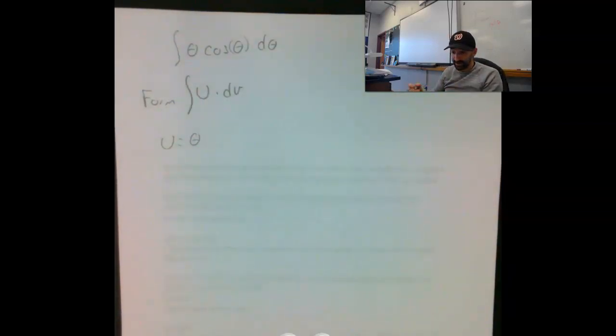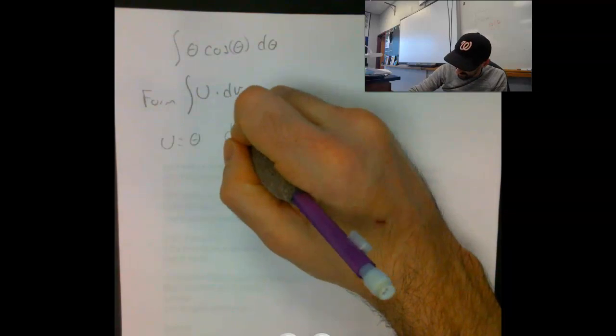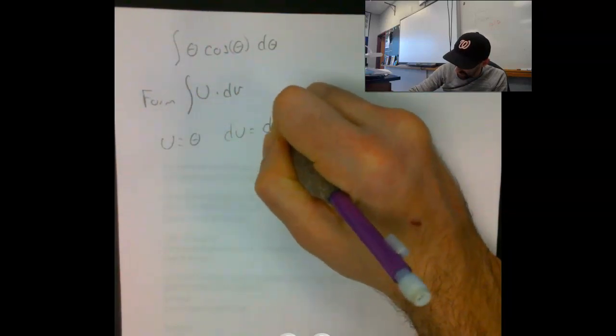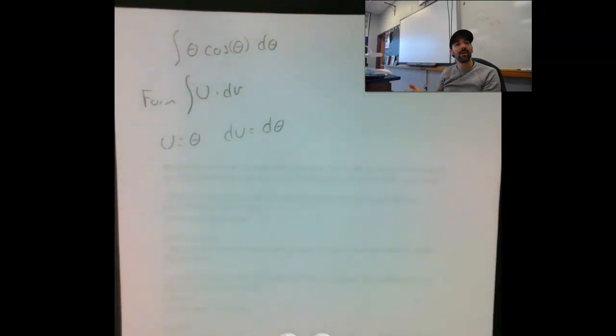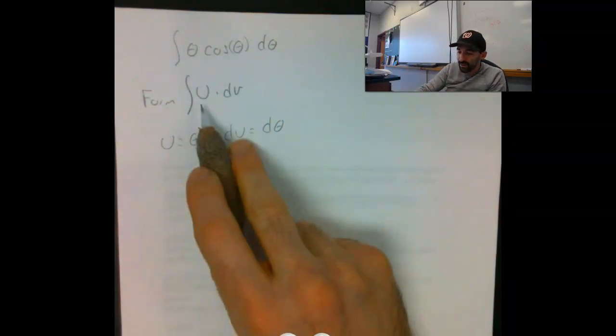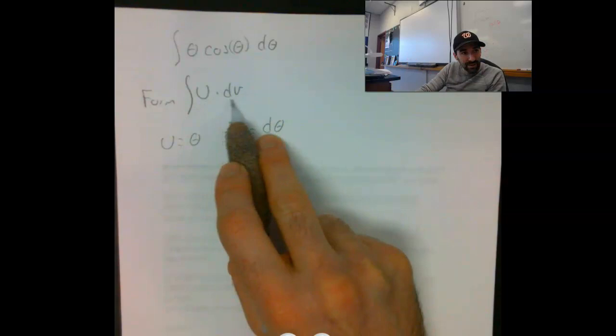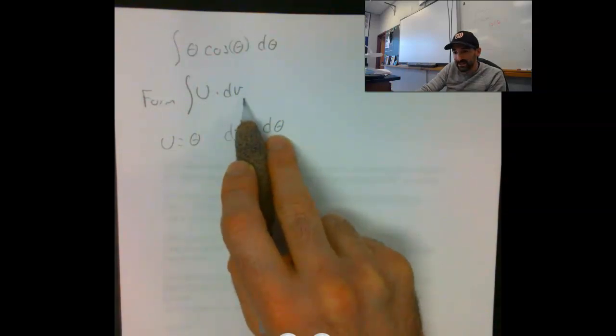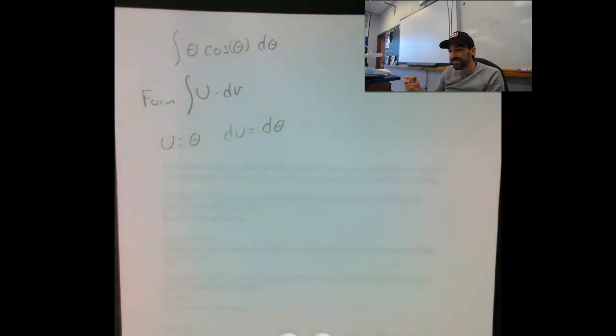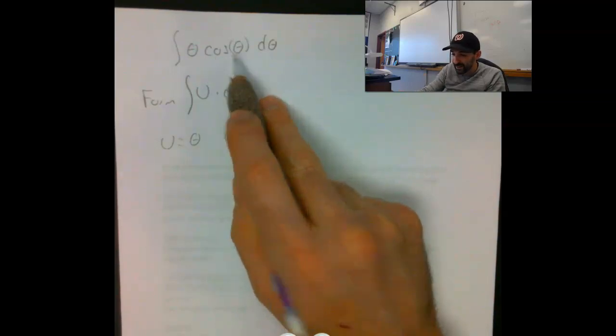Well, that's simple, because if u is equal to theta, du must be equal to d theta. Remember, antiderivatives are undoing derivatives, so the dv in this case has to be cosine theta.